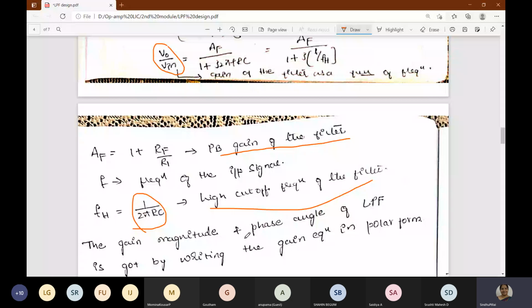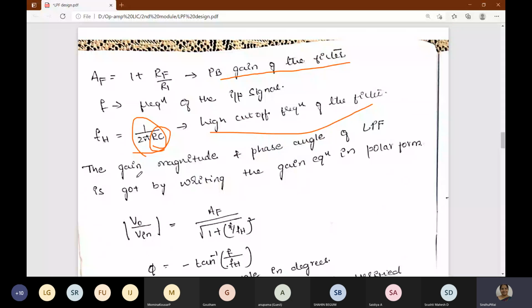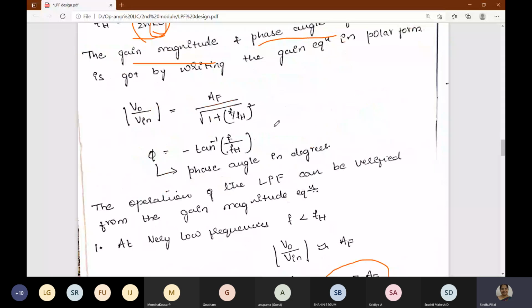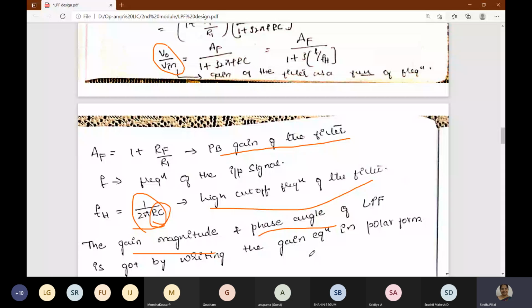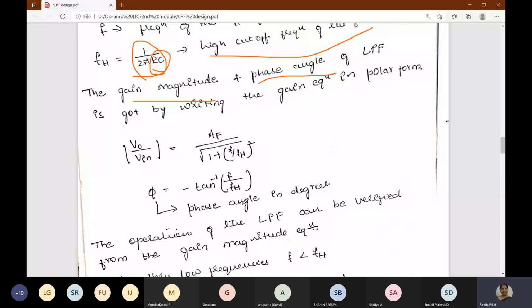V0 by Vin is equal to AF divided by root of 1 plus F by FH whole square. That is the magnitude, the root of the denominator. The phase angle phi is tan inverse of F by FH. The operation of the low pass filter can be verified from the gain magnitude equation.